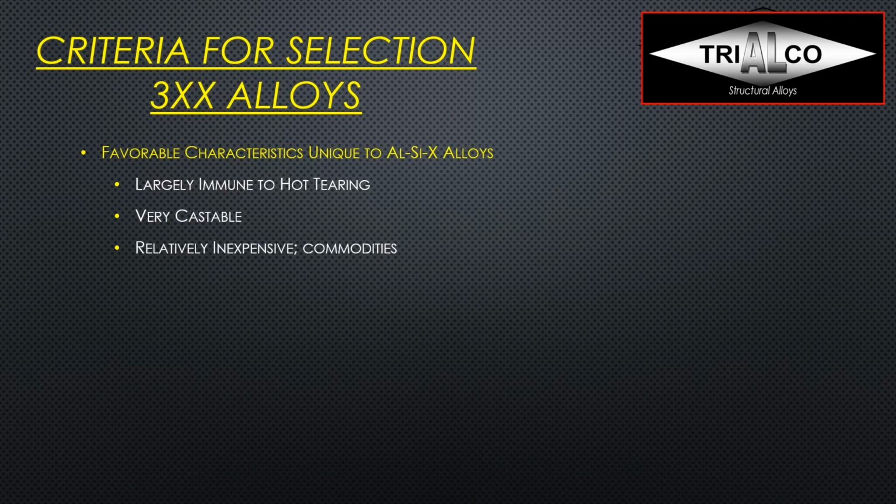They are largely immune to hot tearing, a big problem with other alloys like 200 series high strength alloys. They are very castable in terms of fluidity and feeding. They are relatively inexpensive because they are commodities, especially, of course, die casting alloy A380, and in terms of the primary alloys, the A356, for example.